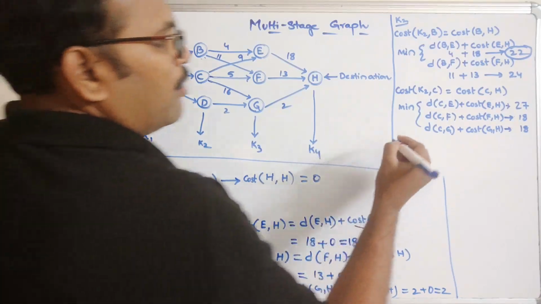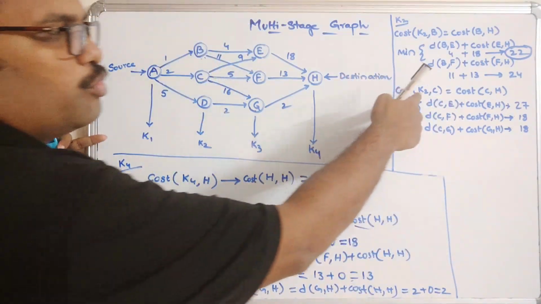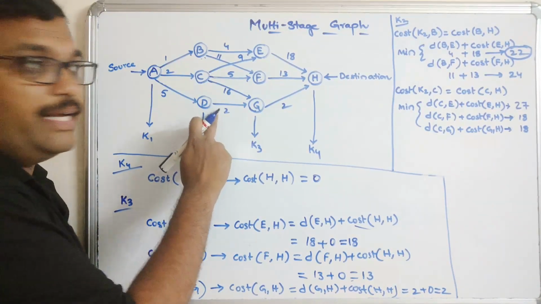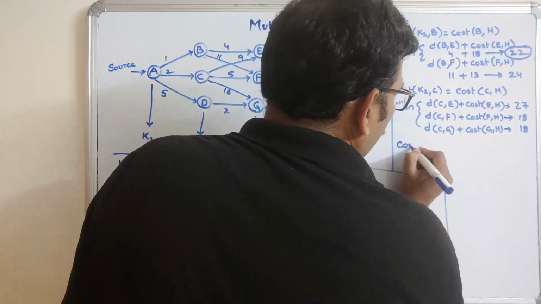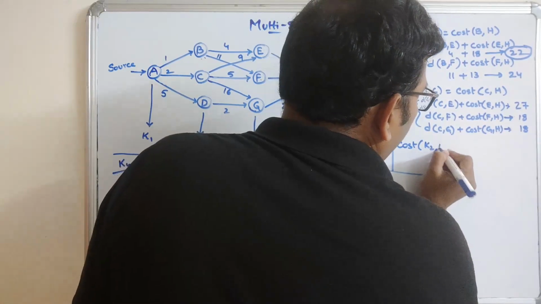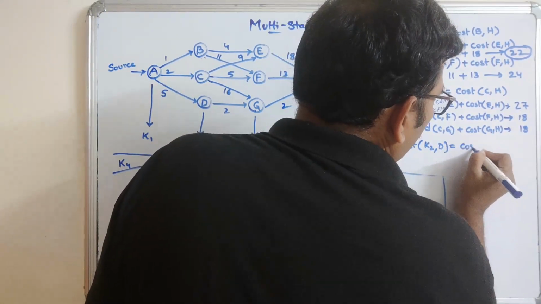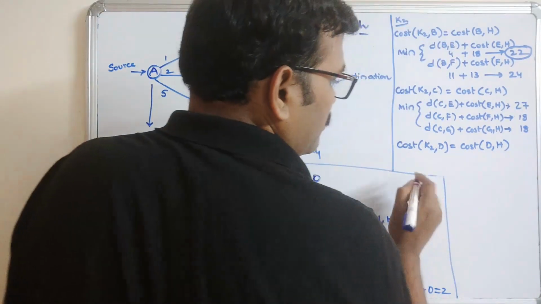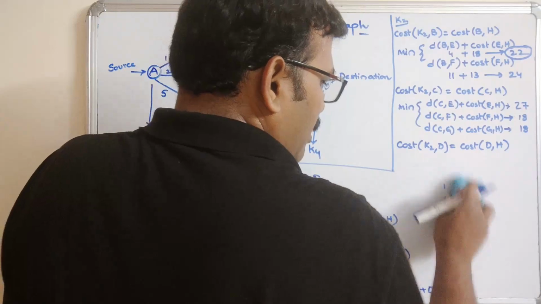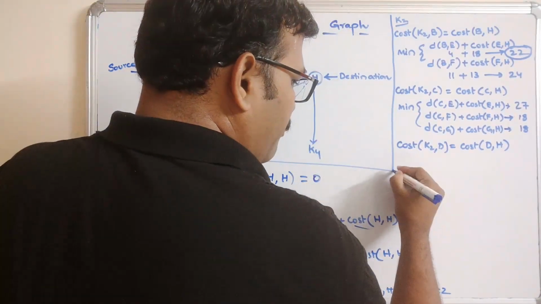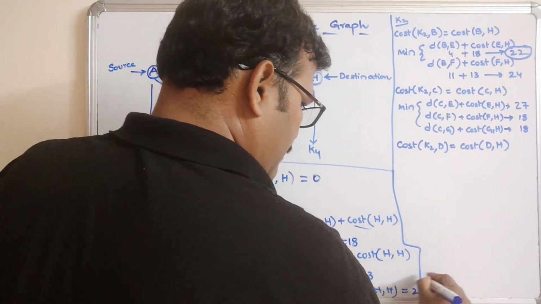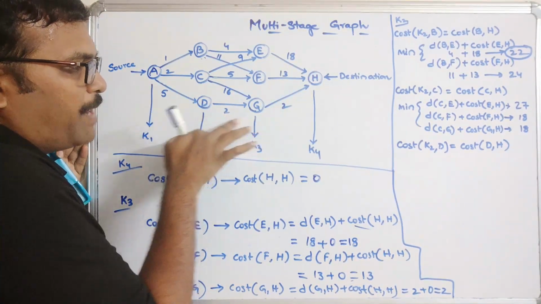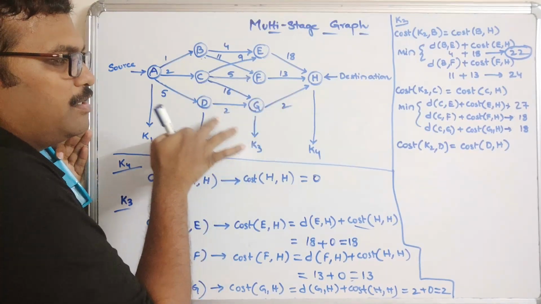Leave it. Now, is there any vertex in K2, stage 2? Yes, there is a vertex D. So again, find the cost of K2 comma D, which is nothing but cost of D to H. Is it required to find the minimum value here? No, because only one path is there from D to H, only one outgoing edge.